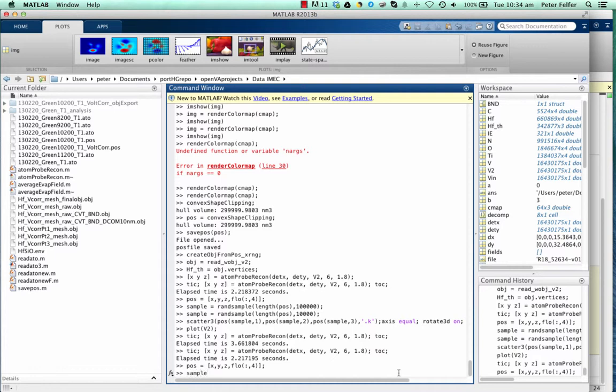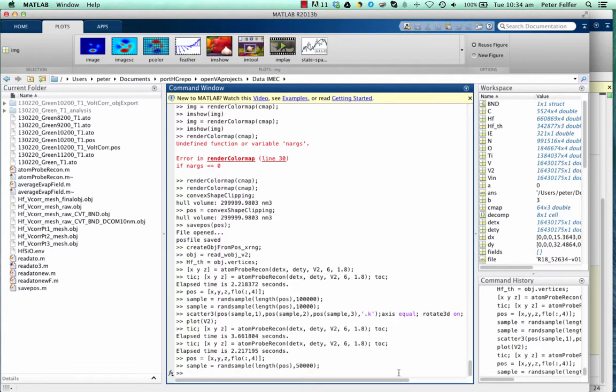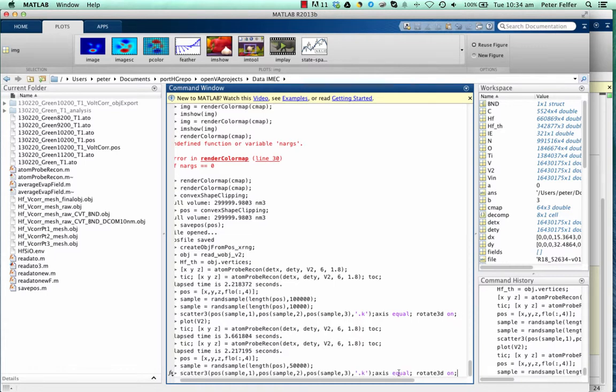And we'll take a sample out of it of, say, 50,000 atoms. Just because Matlab is not very good in visualizing large point cloud datasets, I prefer to use Blender for that. And there's other tutorials I have on that. And we're currently working on code to directly import atom probe data into Blender, so that might help you in the future as well. Anyway, we'll just do a scatter plot.